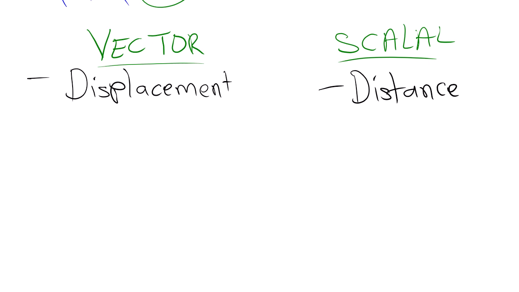There are a lot of quantities that are under scalar, while vector quantities are those quantities that always require direction, among them displacement, force, and velocity.